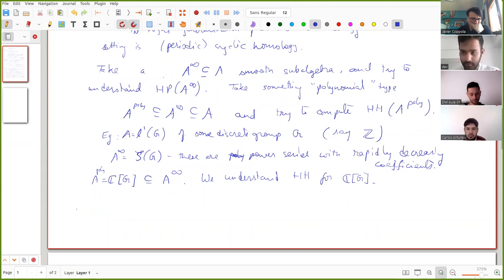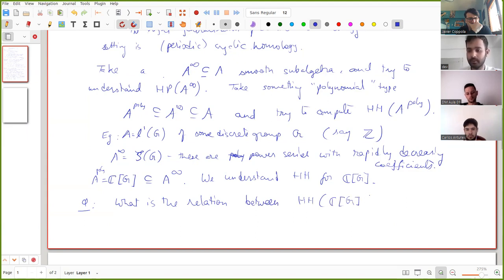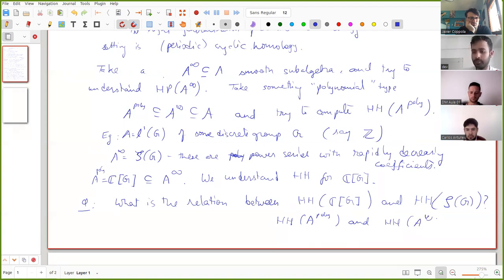Okay, but again, as in my previous two questions, you might again ask, what is the relationship between the Hochschild homology of this group algebra and the Hochschild homology of the Schwarz algebra, or in general, the Hochschild homology of some polynomial type algebra and the Hochschild homology of some smooth subalgebra of a given noncommutative algebra.